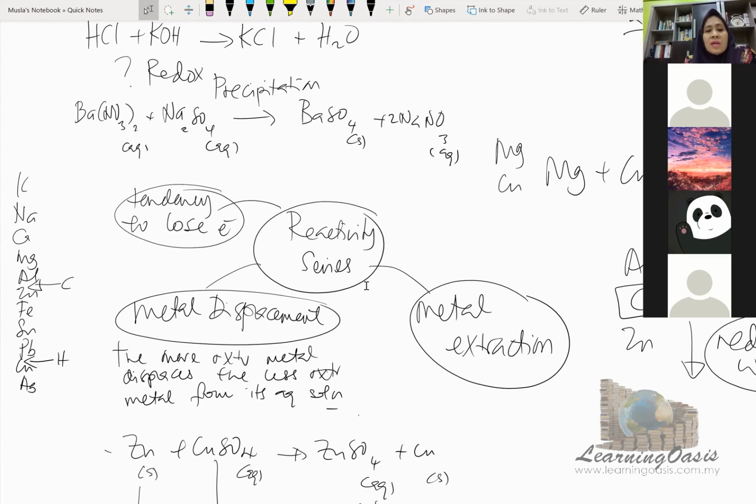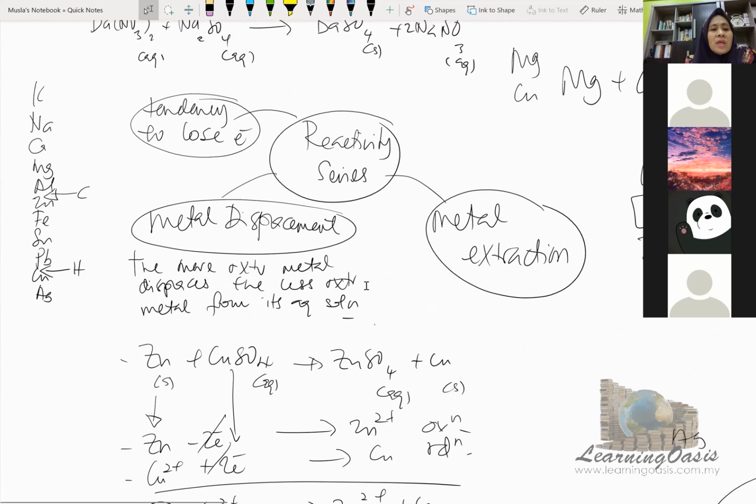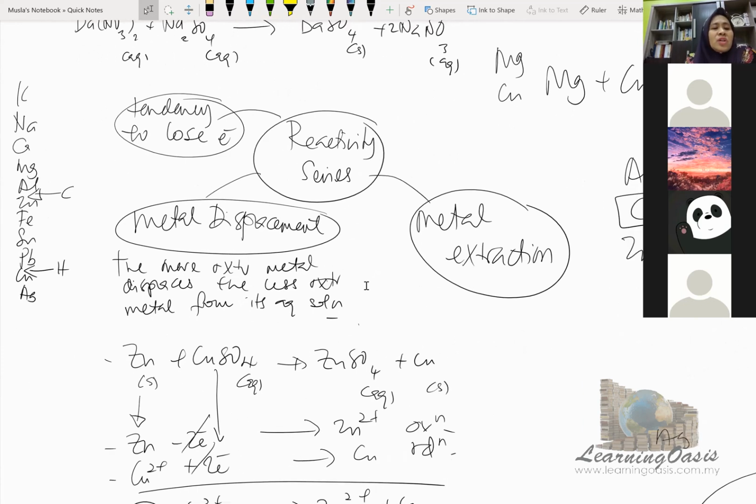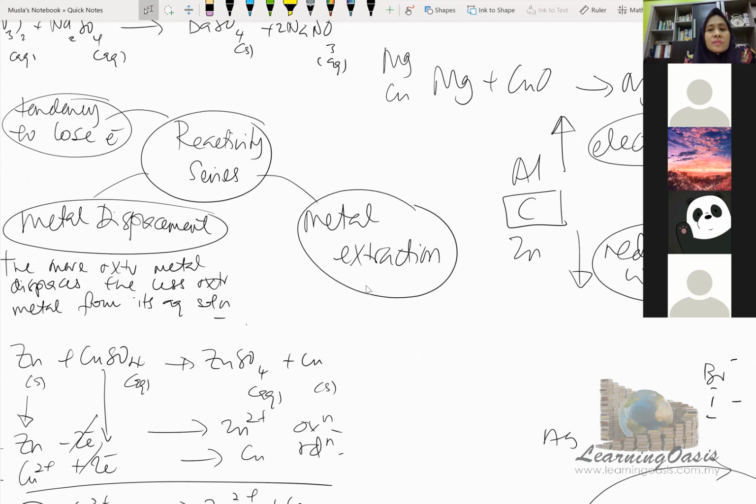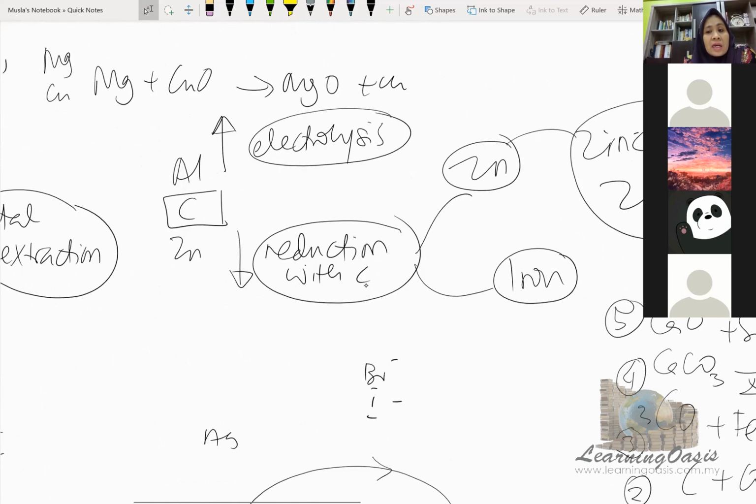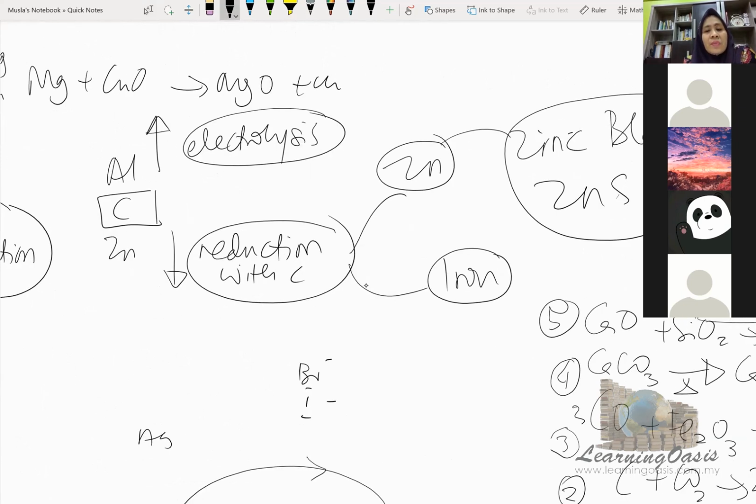And then we talked about the position of carbon between aluminum and zinc. So those above carbon, how do you extract those above carbon, Marisa? Electrolysis, right? Those below carbon, reduction with carbon. Right? And you have to know the example of it, like iron, zinc, and all those.